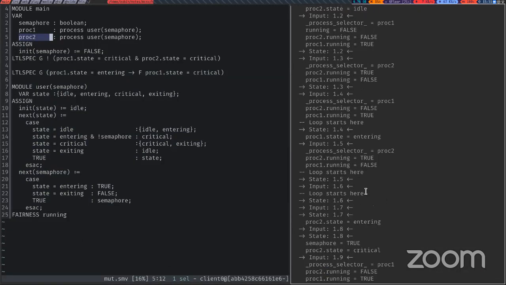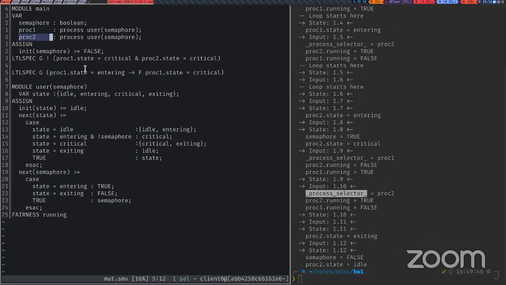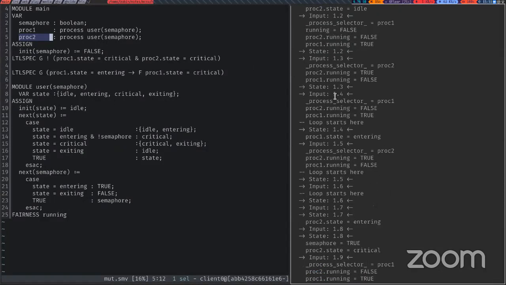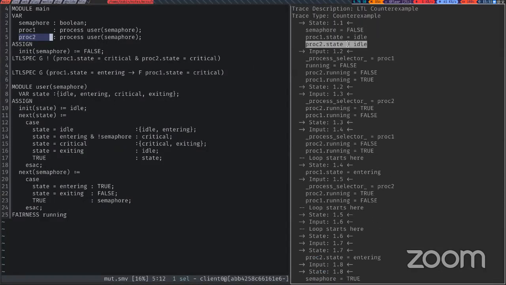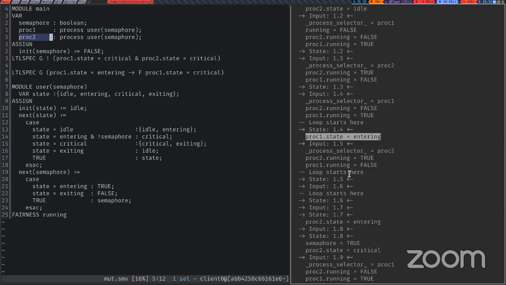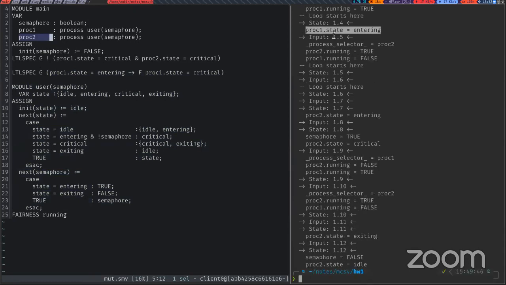Let's see. It says that proc1.state equals entering, but proc1.state never... Okay, proc1.state equals entering here. So it is switching between proc1 and proc2. Proc1 is entering.